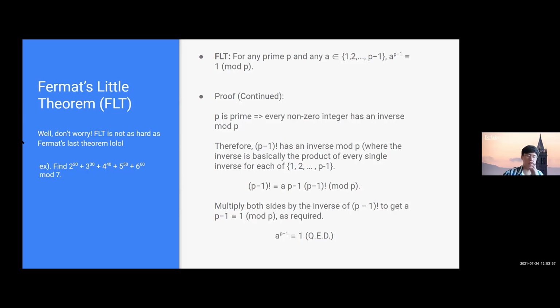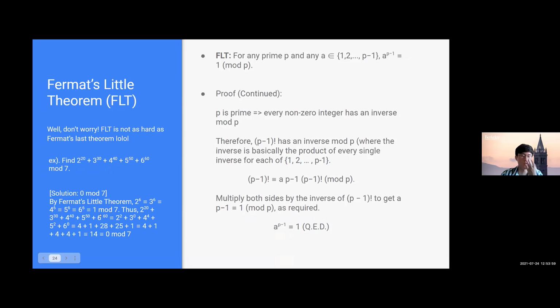So you can simplify this by modifying it to be 2 to the 2 plus 3 to the 0, 4 to the 4, 5 to the 2, and 6 to the 0, by subtracting the largest integer multiple of 6 from the exponents. And it gives us 4 plus 1 plus 256 plus 25 plus 1. So if you rearrange it to the equation over mod 7, you will get 14, which is a multiple of 7, so it's congruent to 0.